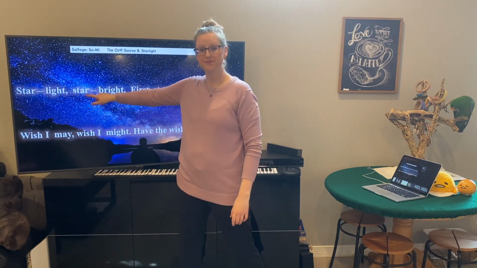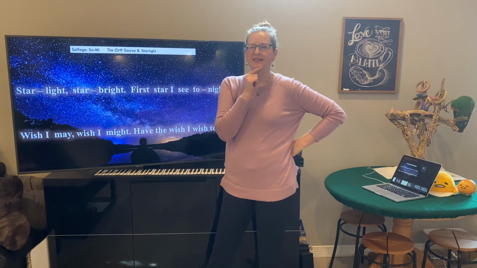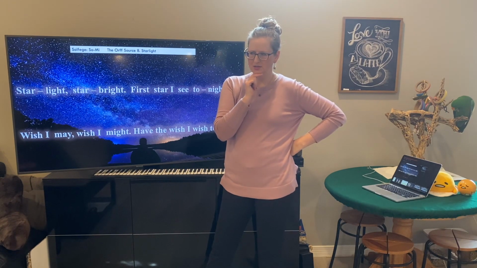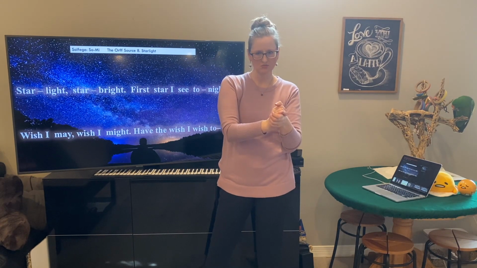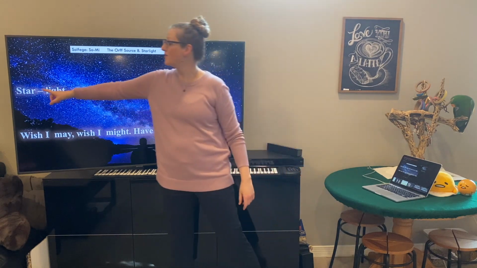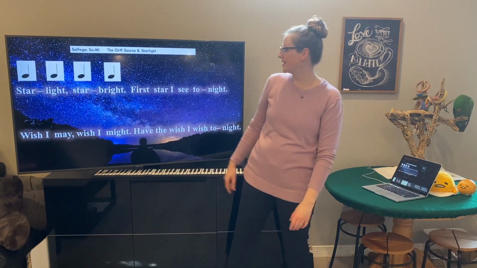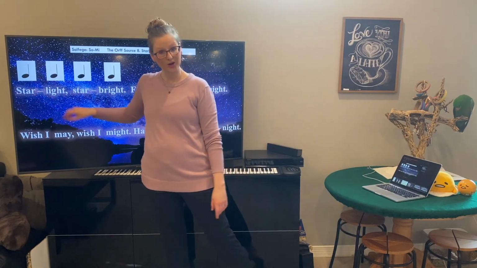How about this one? Star. Is it the same or different? Star. And then we have bright. So far, we have one clap per word. So that's going to look like this. The quarter note.